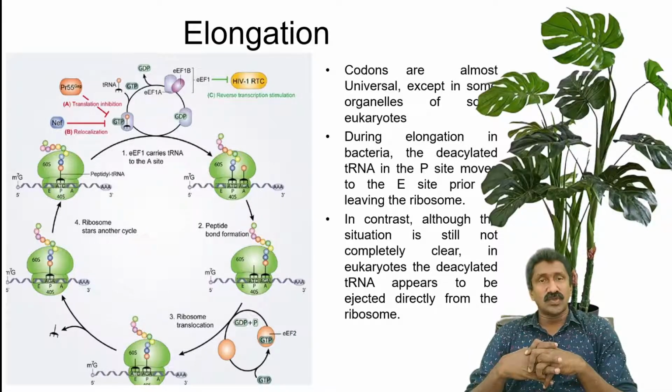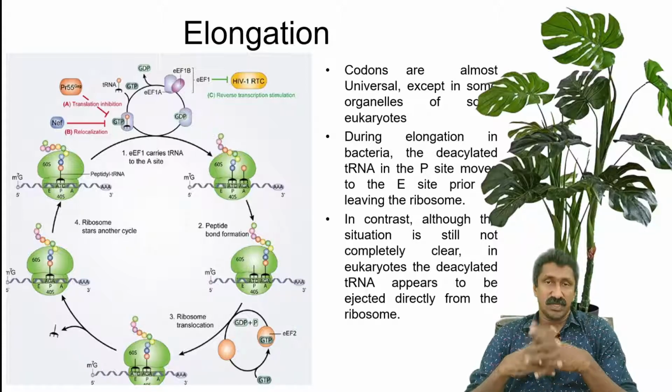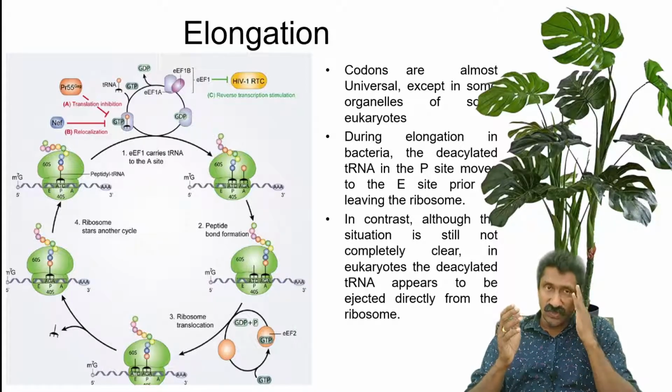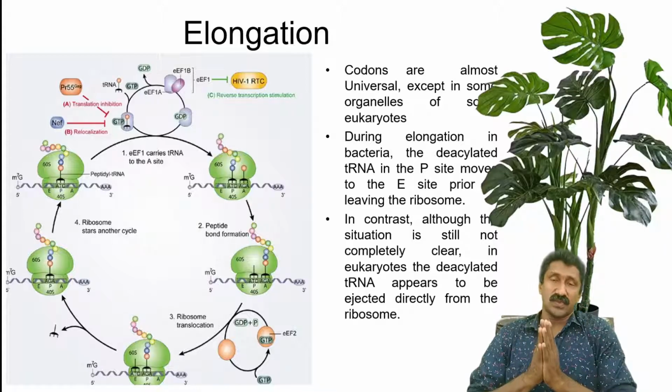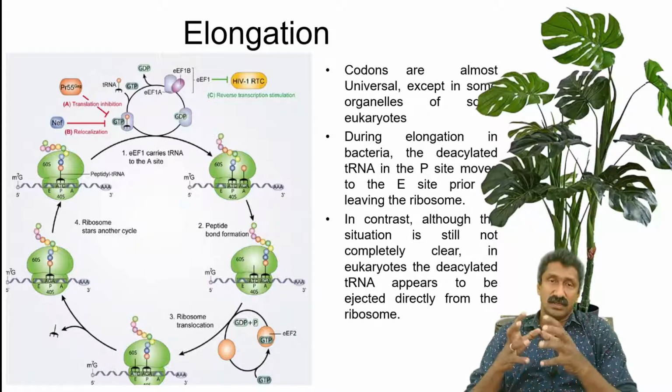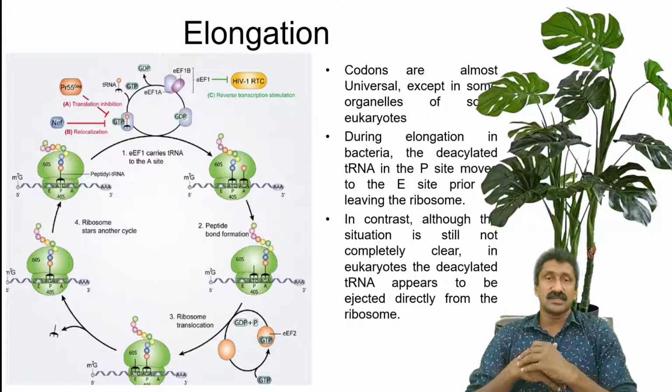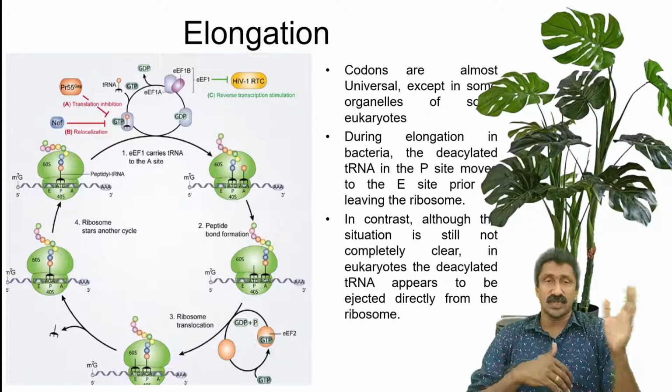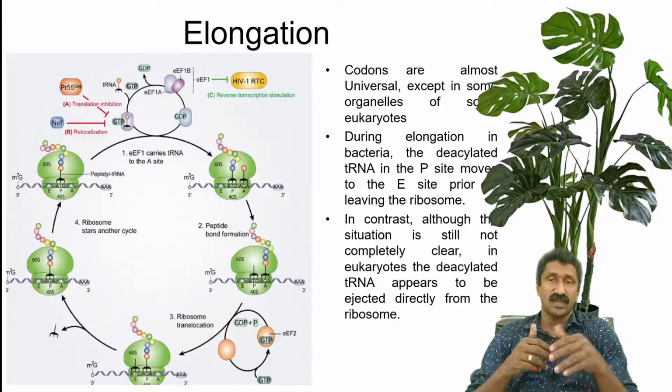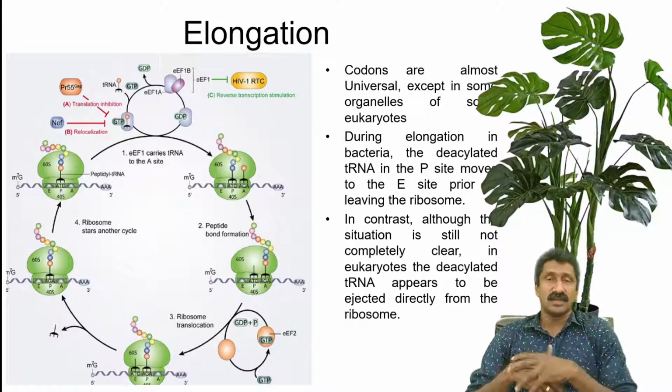The codons are almost universal, you know that. So one of the features of the genetic code is the universality of the genetic code, but it has some exceptions. It is universal except in some organelles of some eukaryotes. In some of the eukaryotic organelles, for example mitochondria or some other organelles, there may be a separate mRNA produced within, where such additional genetic material and transcription occurs.